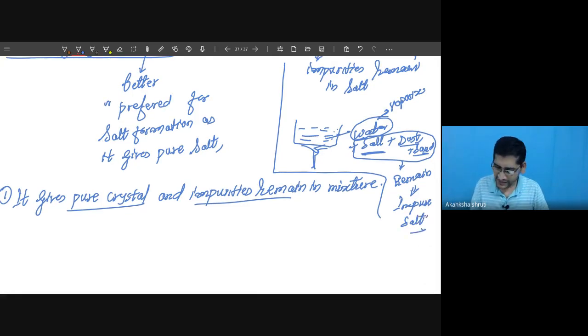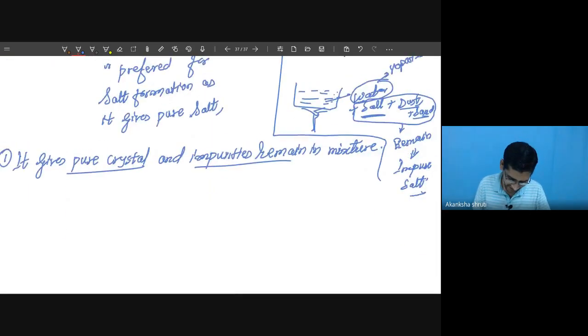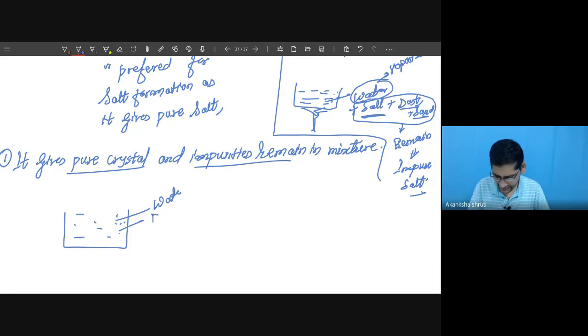But during crystallization, what has happened? It gives pure salt. This was the water; it contained dust particles, sand and salt also. So it contains different kinds of particles. Then you will observe that only the salt forms crystals, and slowly these crystals are separated.